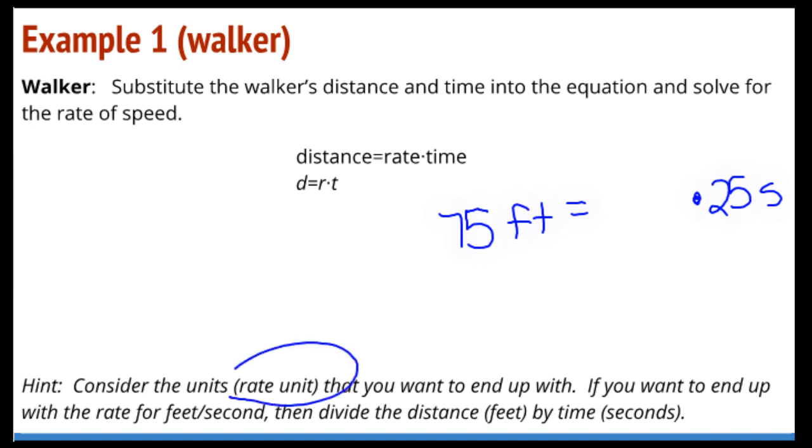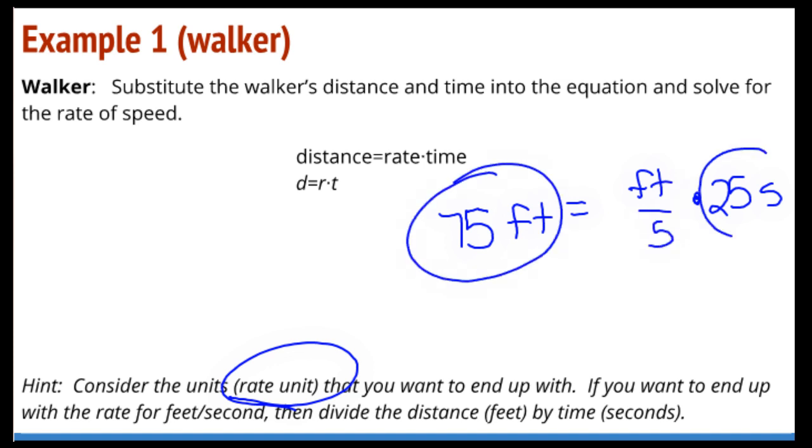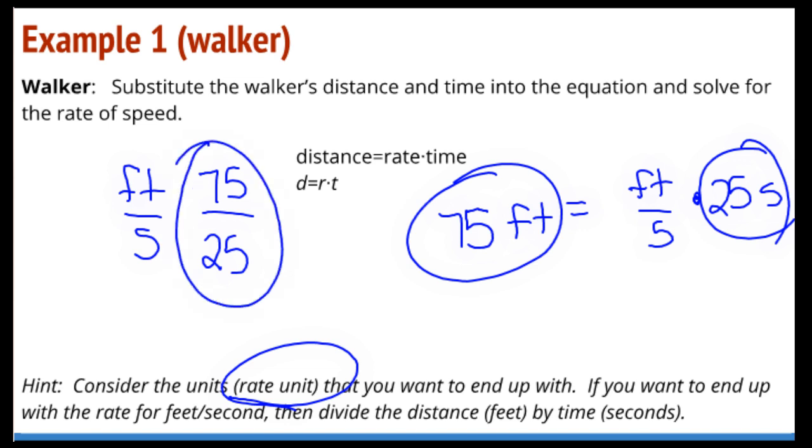If I want to end up with a rate unit of feet per second, so if I want to measure their speed by how many feet they travel in a second, then I need to look at the information I have and I need to structure my problem so that I have feet per second. And I know I have 75 feet per 25 seconds, and 75 divided by 25 gives me 3 feet per second.